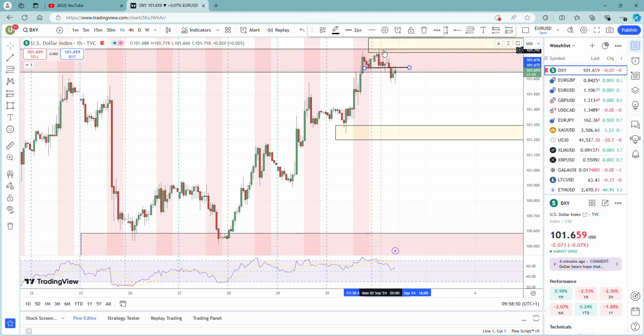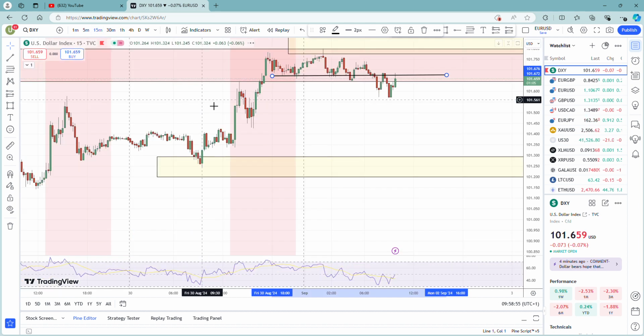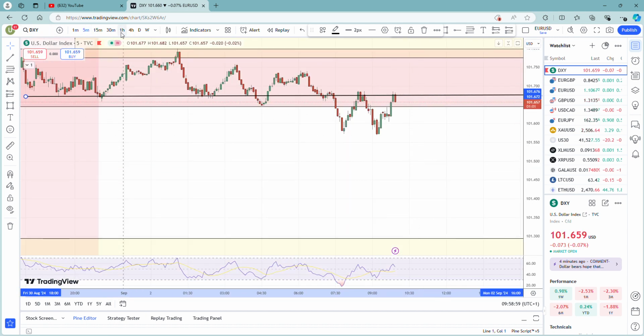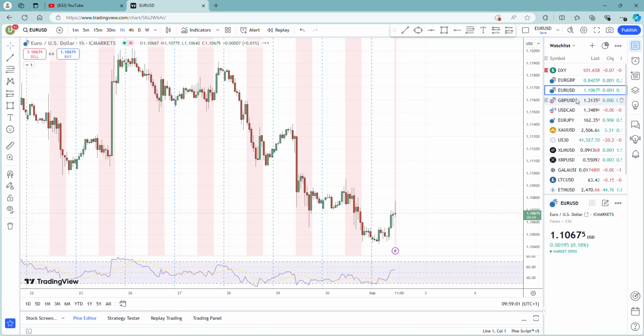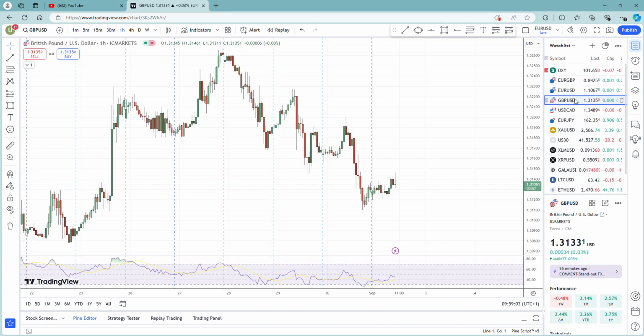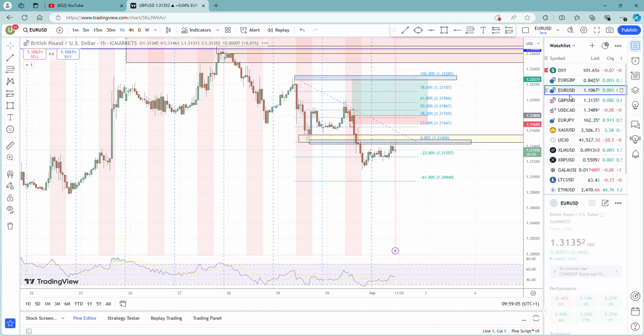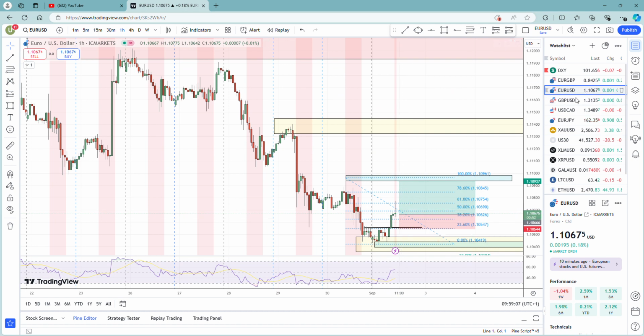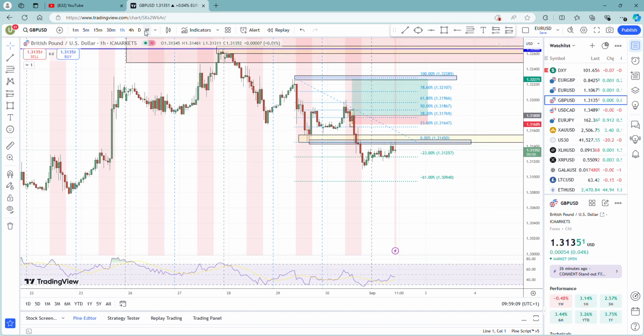I'd say high, high, low, high, high, high, low, high, low, low, low, high. Looking at price action, I would say it is going down. So in this case, I would say Euro USD is going up. But before I enter, let me just see the price action of GBP USD.